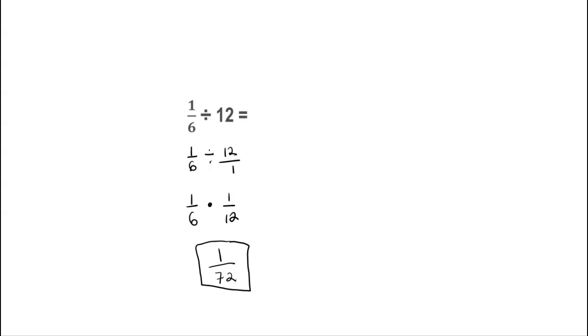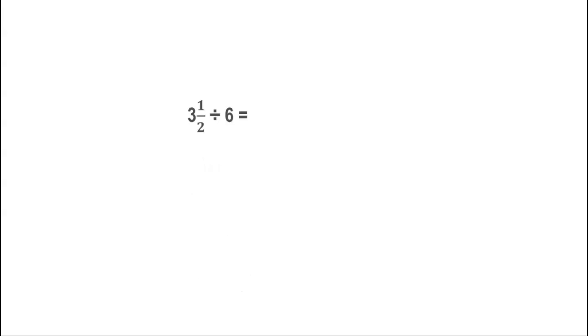All right, let's try another example. What about this one? 3½ divided by 6. Again, go try and pause the video and try to answer this question. So the first thing you should have done is you should have changed the mixed number to an improper fraction. So 3 times 2 is 6. 6 plus 1 gives me 7 over 2 divided by 6 over 1.